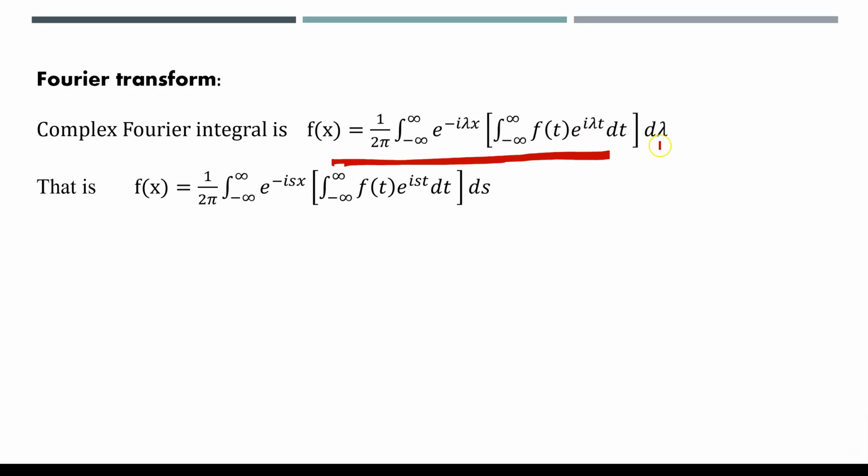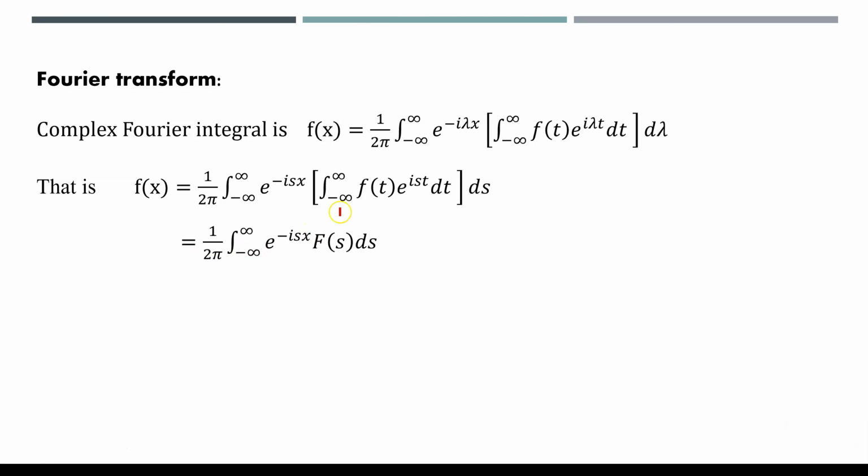Here this is in terms of lambda, and in this next step we have changed this variable lambda to s. In the place of lambda I have written s. Then we get f(x) equal to 1 by 2 pi integral minus infinity to infinity e power minus isx integral minus infinity to infinity f(t) e power ist dt ds.